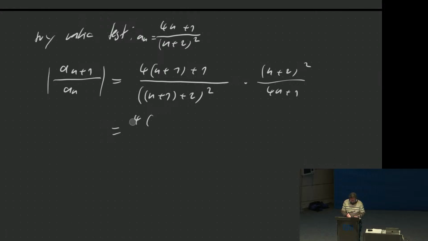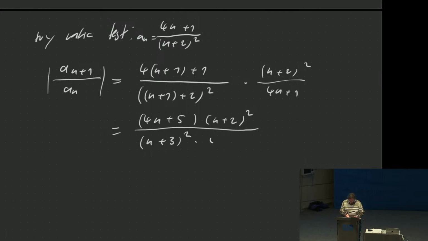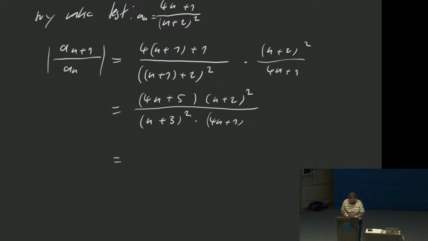No. Let's first reformulate that. 4n plus 1 plus 1, so we have 4n plus 4 plus 1. This is 5 times n plus 2 squared. I'll just write this all in one fraction to make it a little nicer. And here we have n plus 3 squared times 4n plus 1. And now let's do the division.